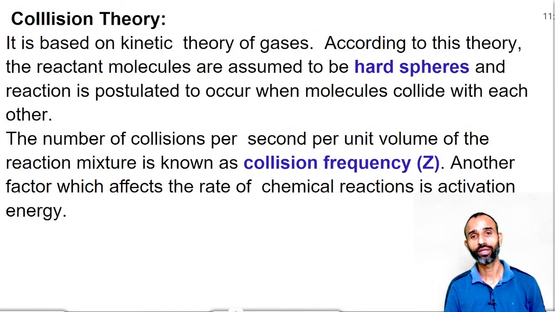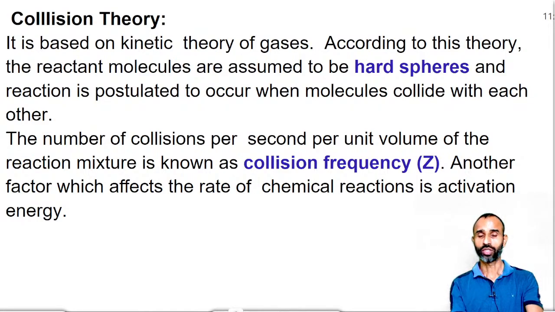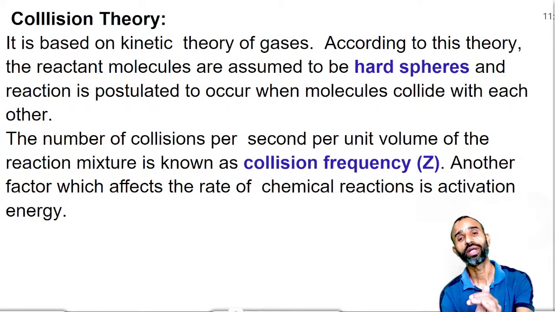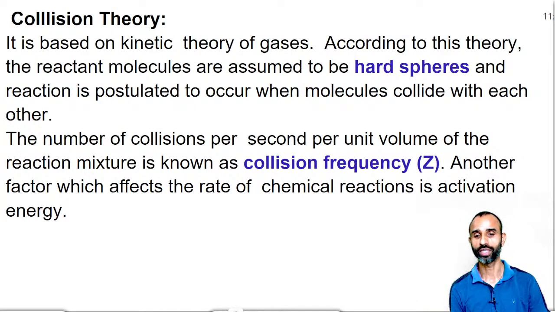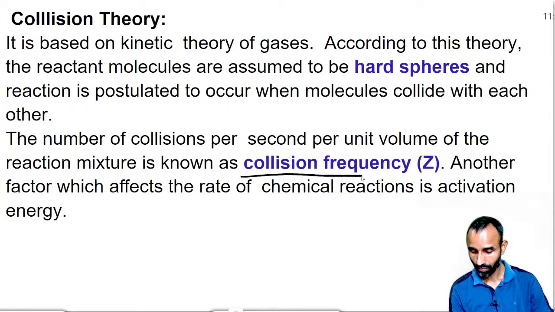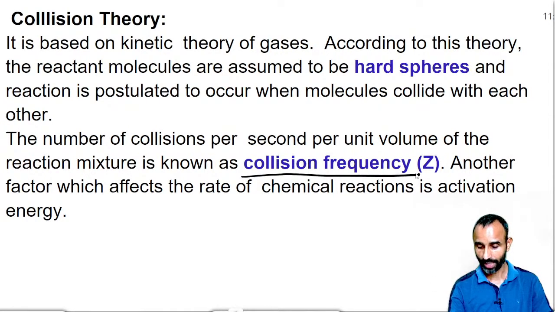Collision theory, I hope you know that according to this, reactant molecules are assumed to be hard spheres, and reaction is postulated to occur when molecules collide with each other, because as the name suggests, it is collision theory. The number of collisions per second per unit volume is collision frequency, and rate depends upon activation energy as well.